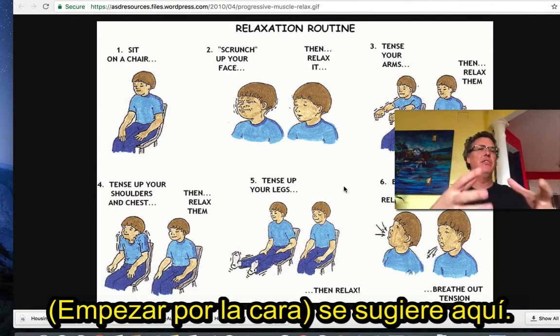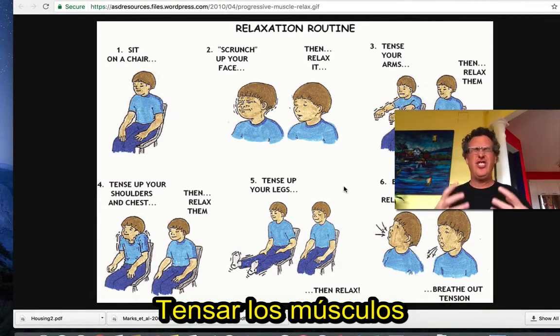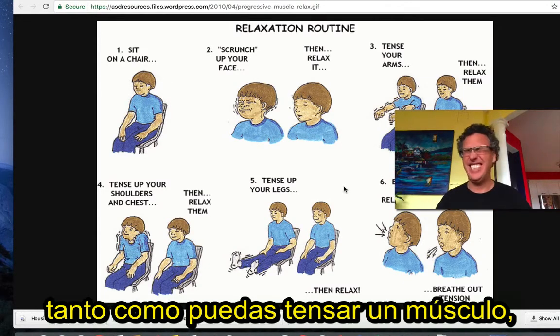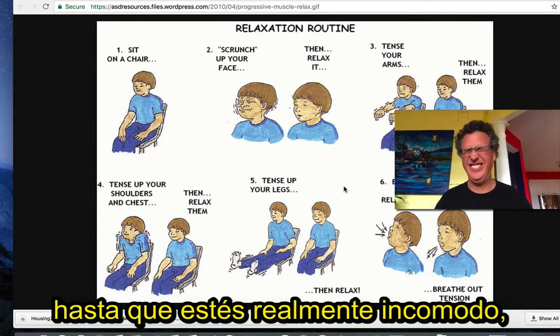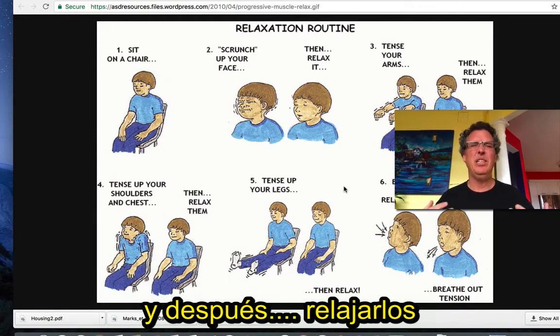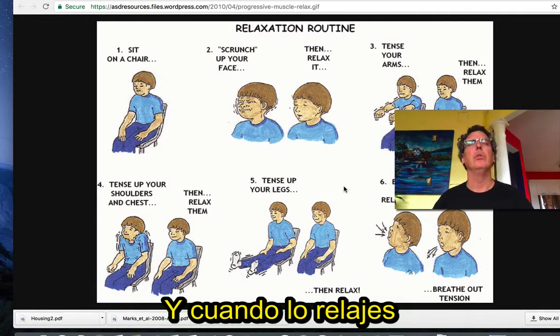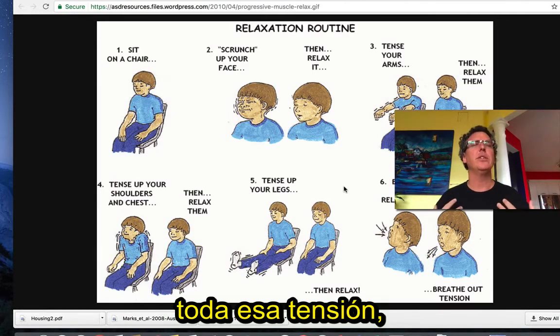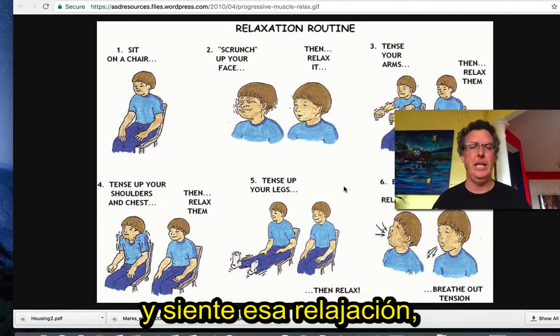You can start with the face, as it suggests here: tense the muscle as tense as you can make it, try not to get really uncomfortable, and then relax. When you relax it, let all that tension go, and feel that relaxation.